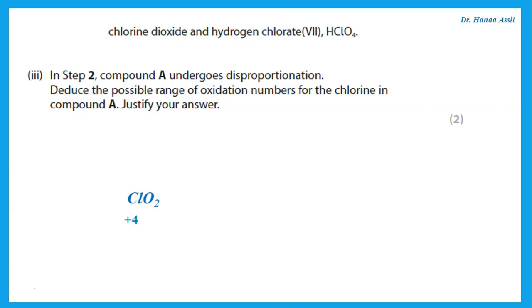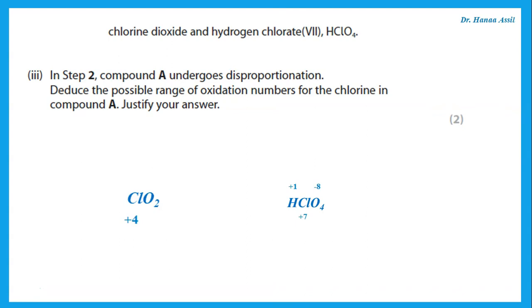Well, we said that the oxidation number of chlorine in chlorine dioxide is +4. Oxidation number of chlorine in the hydrogen chlorate, if we sit down and calculate it, we have 4 oxygens, so that's a total of -8. Hydrogen is +1, so chlorine must be +7.